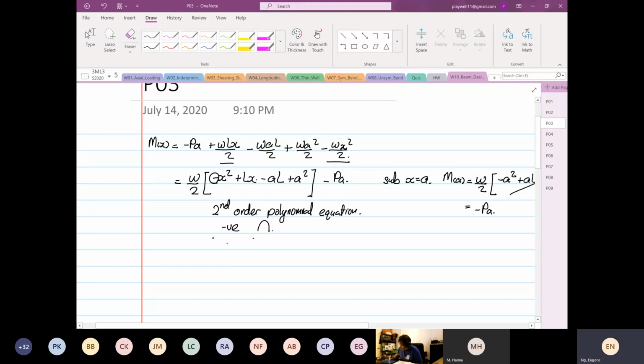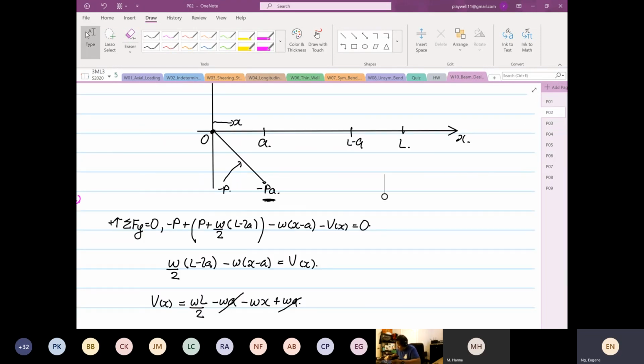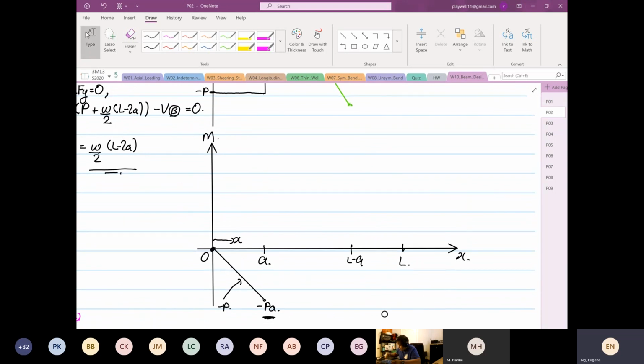When it's positive, you'll get a happy face curve, and one is a sad face. So if you go over here, we know that we are going to draw a sad face. But the next thing we have to ask ourselves, if we're going to draw, what will happen when it becomes L minus A? We know it's going to be a sad face. We are aware that it's going to be sad.